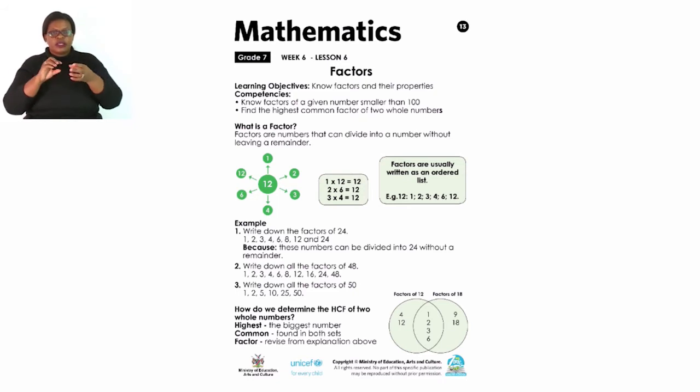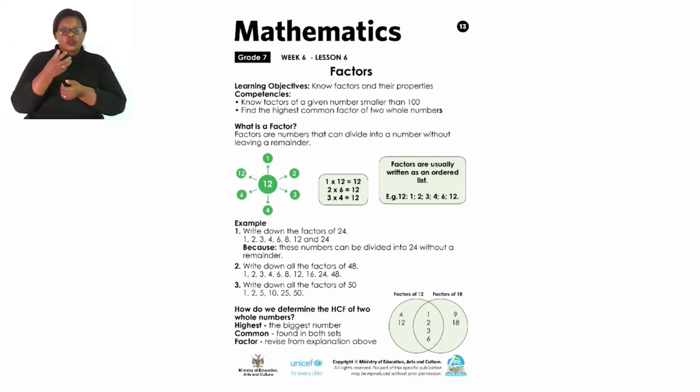If we take an example of the factors of 12 and the factors of 18, we make the list of the factors of 12, which is 1, 2, 3, 4, 6, and 12. And the factors of 18 are 1, 2, 3, 6, 9, and 18.